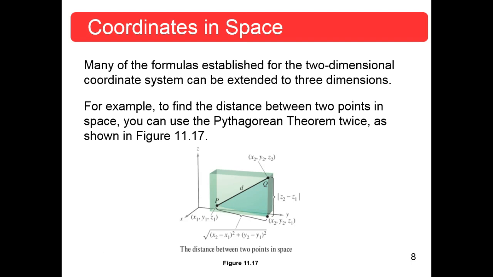So what you do here is project Q down to the XY plane, or at least the same plane that P's on, the Z1 plane, you might say. So this is x1, y1, z1, this is x2, y2, z1, so you're on the same plane.